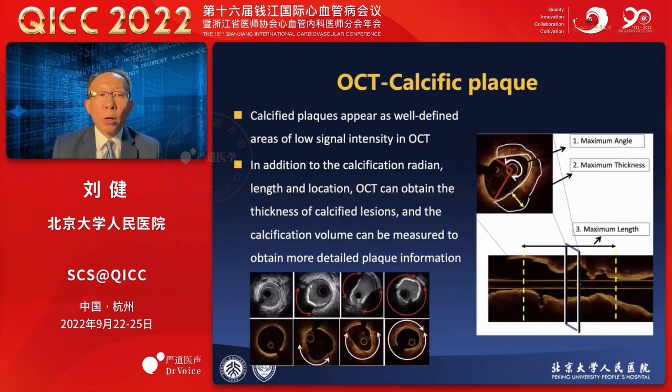So we think that it is very important for us to diagnose the calcified lesions. And in the OCT imaging, we can see very clearly the calcified plaque. And based on the OCT, we can look at the calcified lesion locations, length, and also the angle and thickness can be identified.